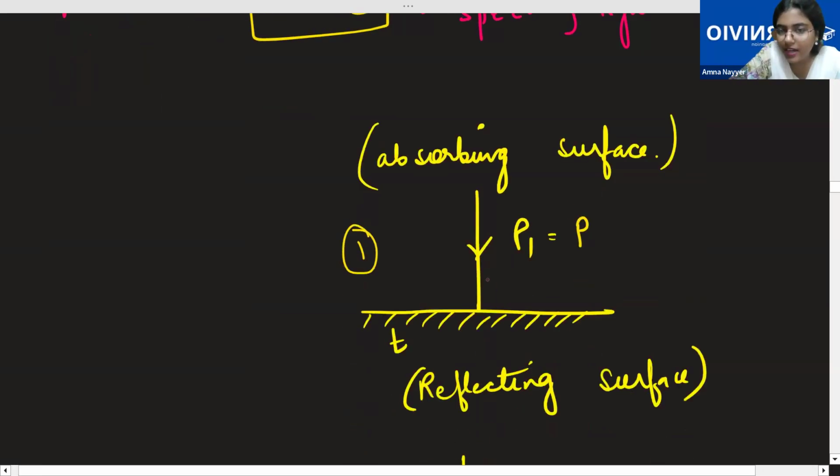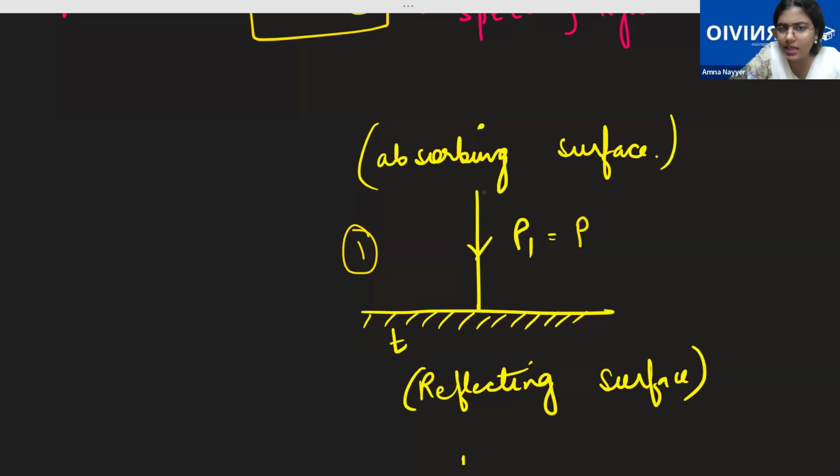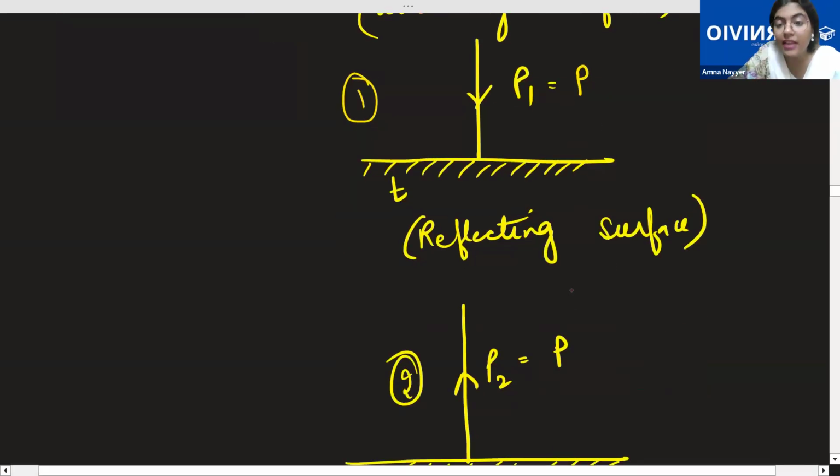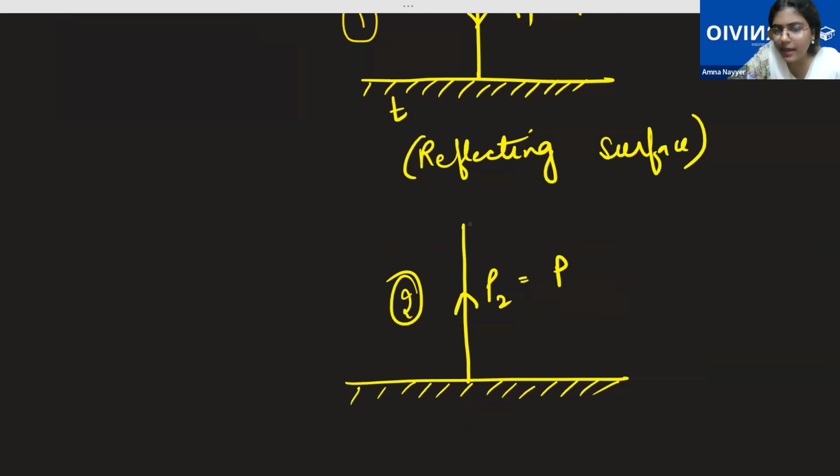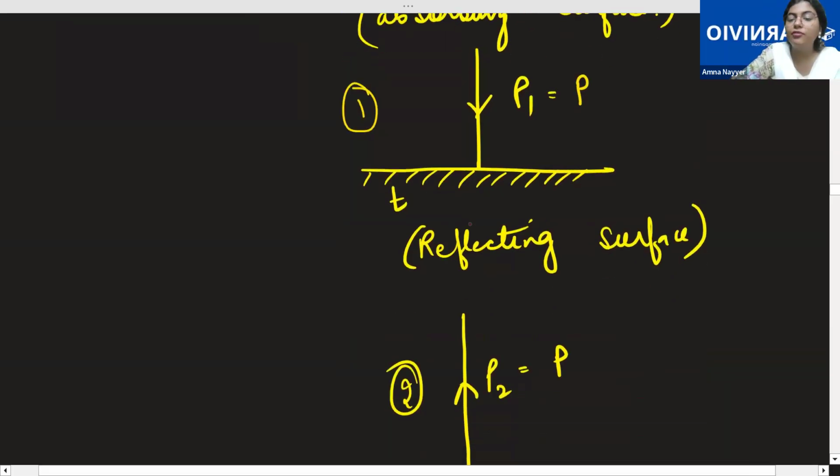Let's say an EM wave has struck the surface. This is an absorbing surface. So the momentum is, let's say, some p. Now, if there's a reflecting surface, it will reflect the ray of this EM wave back. So you will have to assume some sign convention here. Let's say we take up as positive and down as negative.